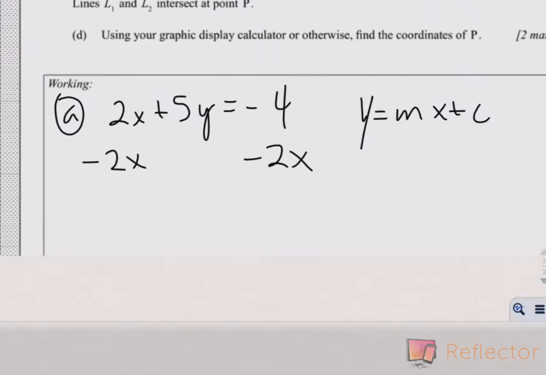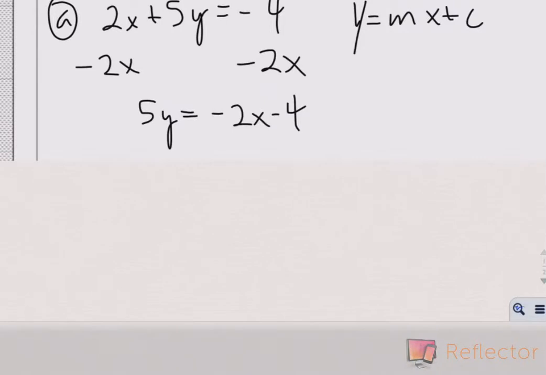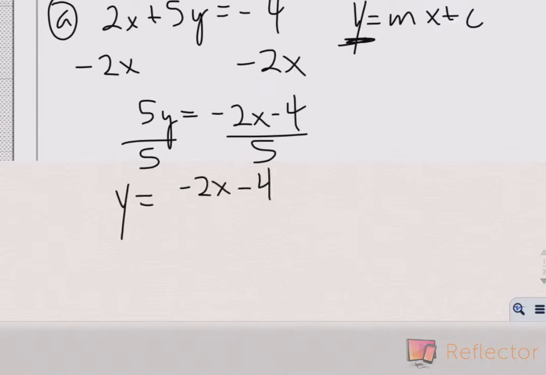And we're left with 5y on the left-hand side equals -2x minus 4. And then finally, because we want y by itself, we divide both sides by 5. And we get y is equal to -2x minus 4 over 5.